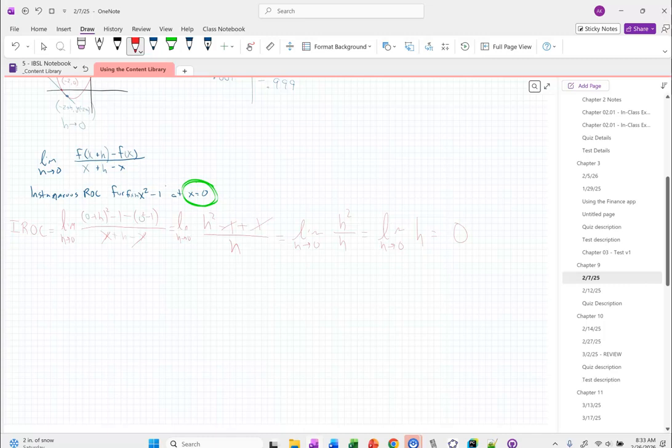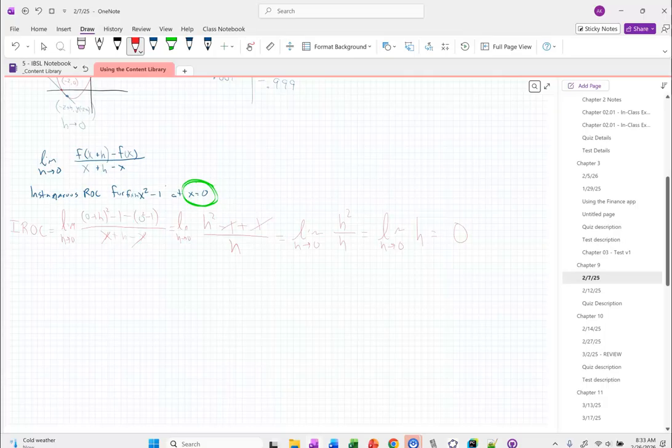Now, this process that we just did stinks. This was a pain in the butt. The algebra is kind of crummy. If that function was more complicated than x squared minus 1, this gets worse. The more complicated these functions get, yuck.